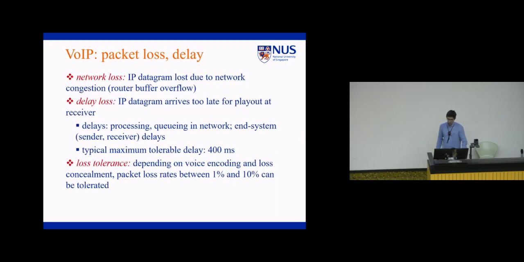But things are not always perfect, as we have seen in the video example. So we will experience packet losses and delays. If each packet arrives at the receiver with a constant end-to-end delay, then the receiver can periodically play these chunks, a chunk every 20 milliseconds, and everything is fine.